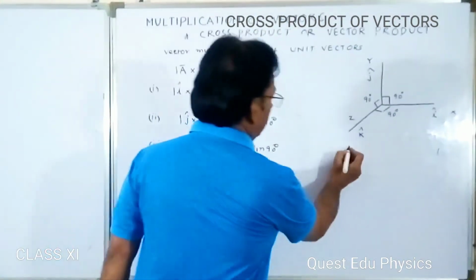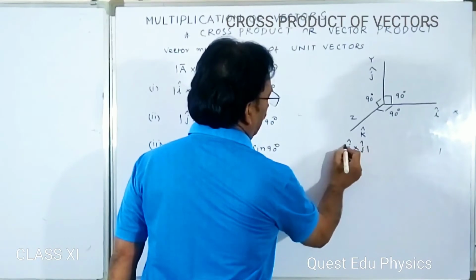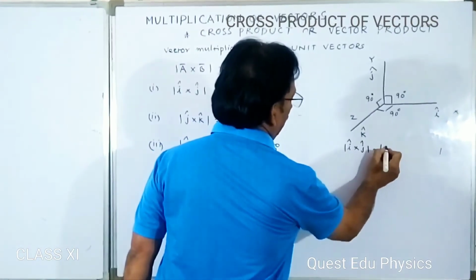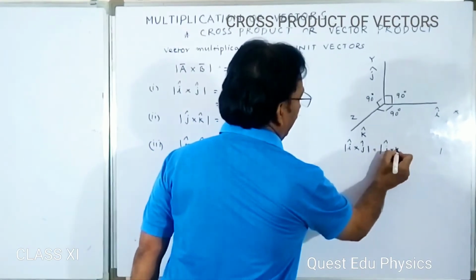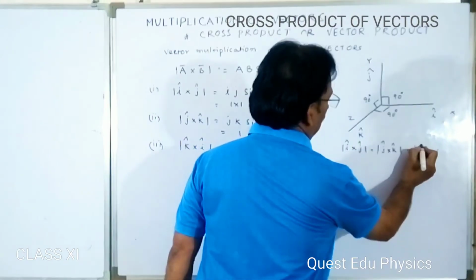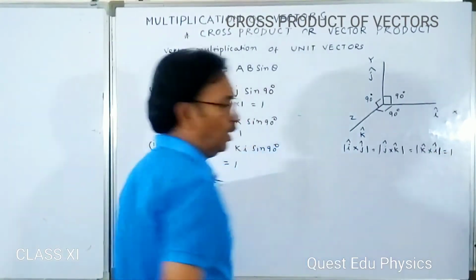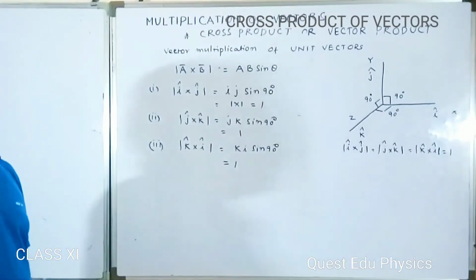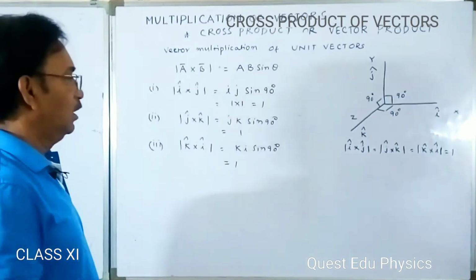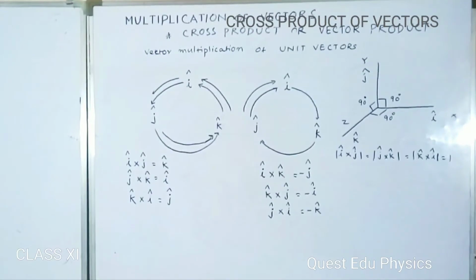What we can write here: i bar cross j bar is equal to j bar cross k bar is equal to k bar cross i bar is equal to 1. That is the needed result. Then after we have to find the direction of that. It can be done very easily.